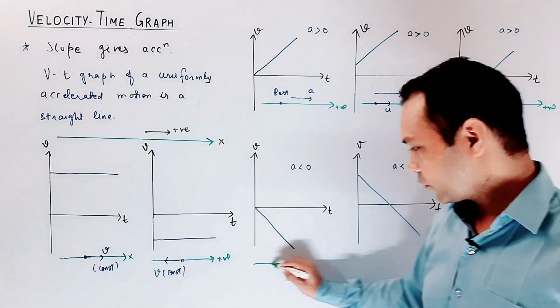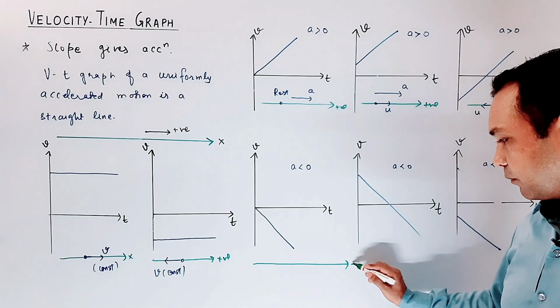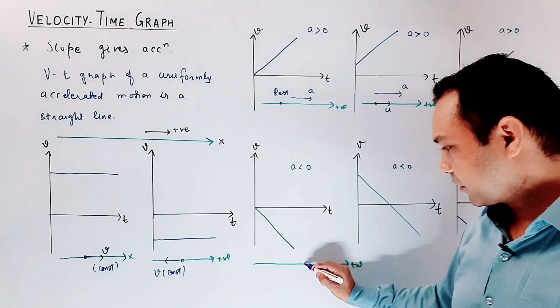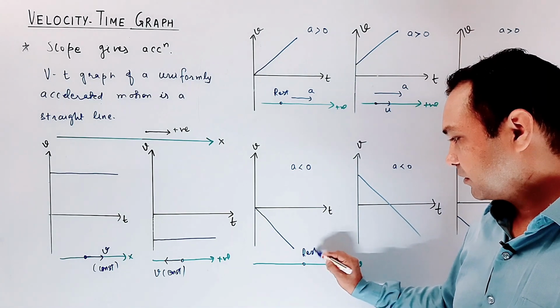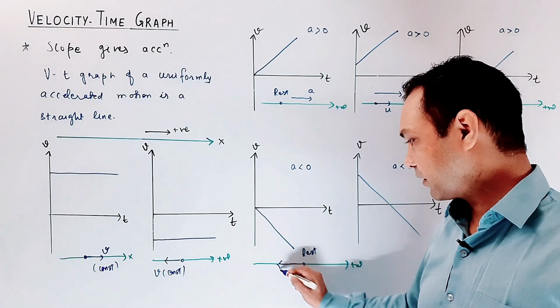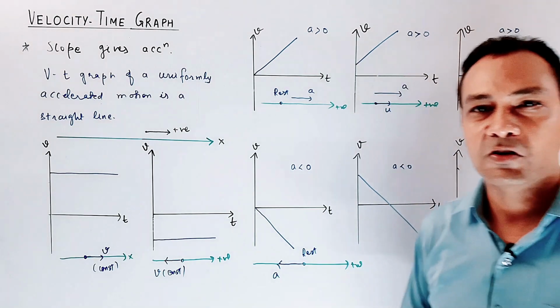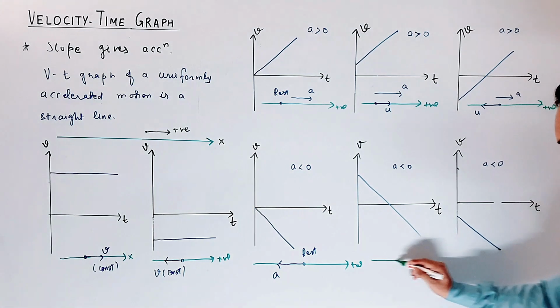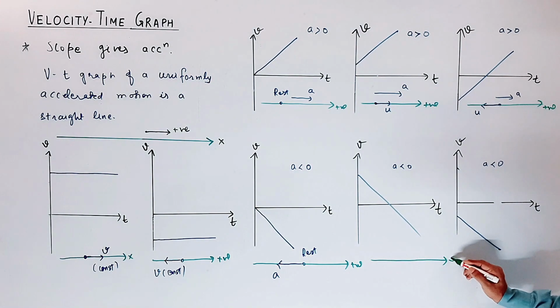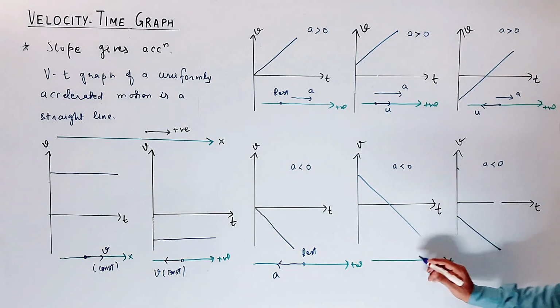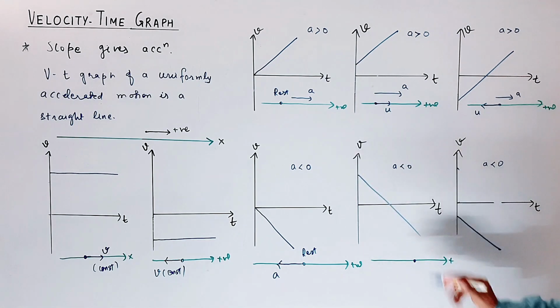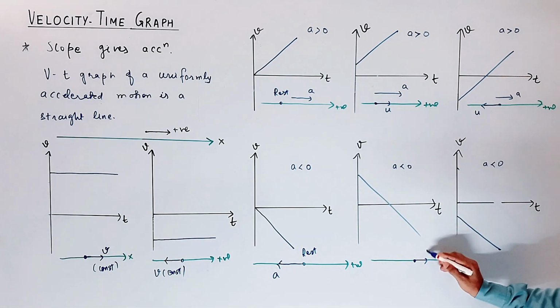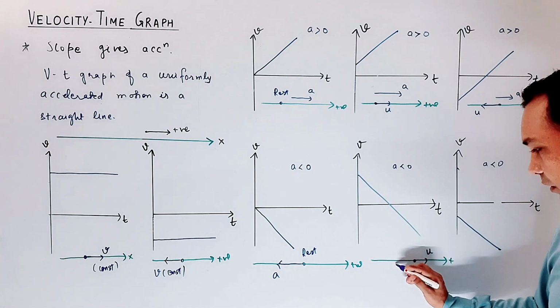So here the motion would be, this is the positive direction, started from rest, and along this direction it has a uniform acceleration. In this case, it started with some positive initial velocity like this, and acceleration is throughout negative like this.